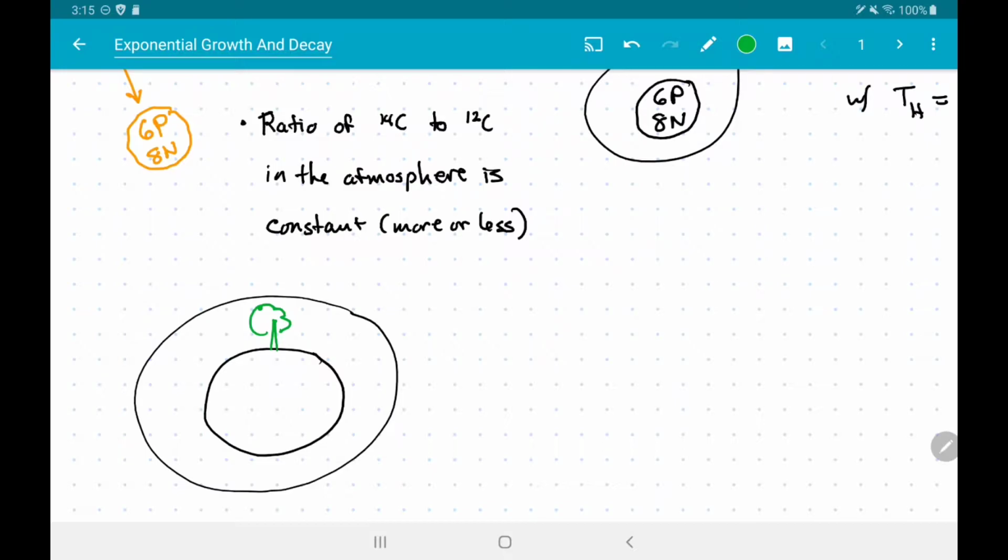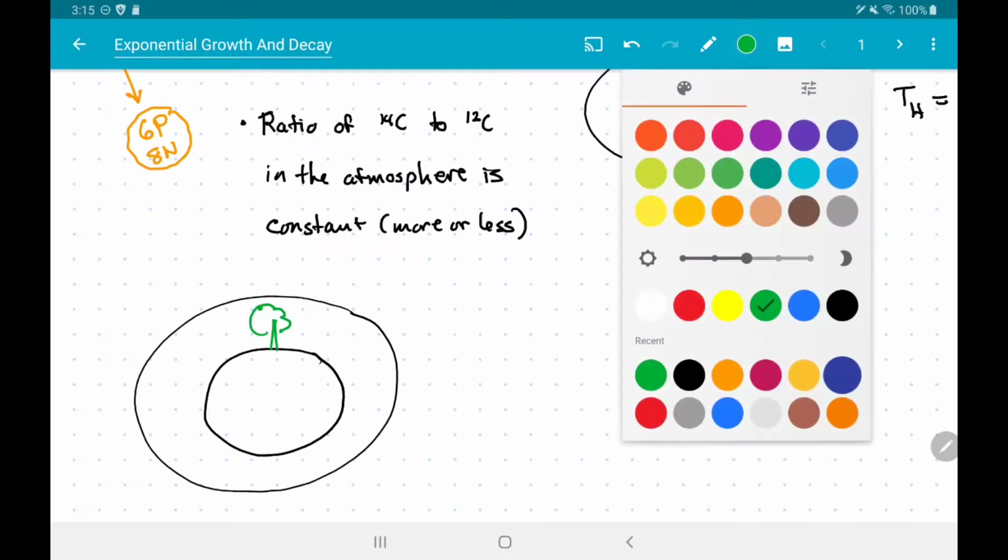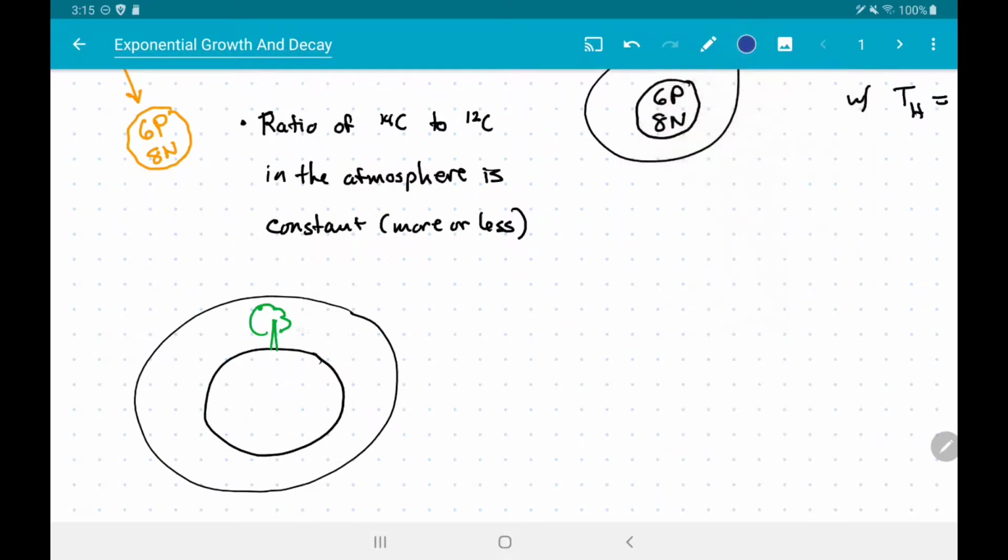And then other animals eat the trees. So let me see here. How about let's draw an elephant eating the tree. And then other animals eat those animals. So we'll draw a lion here that eats the elephant.